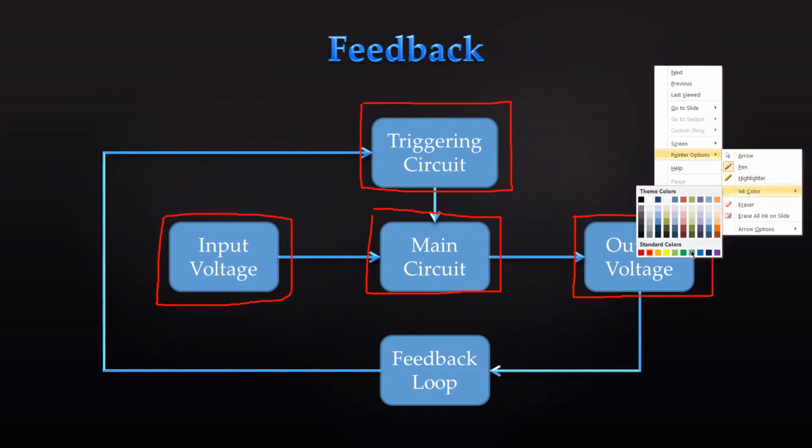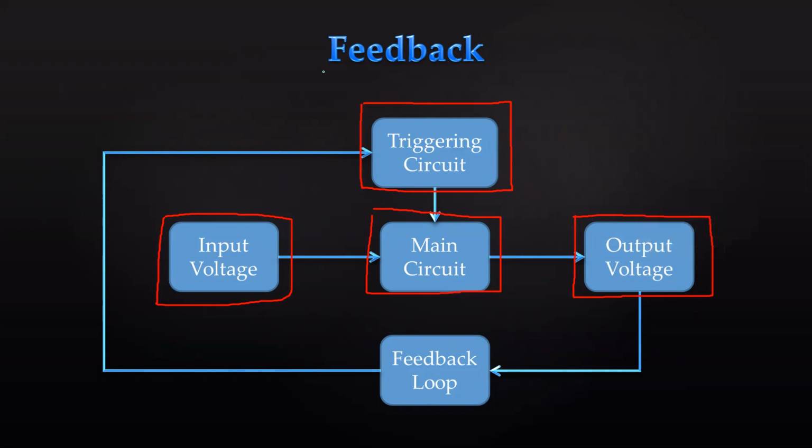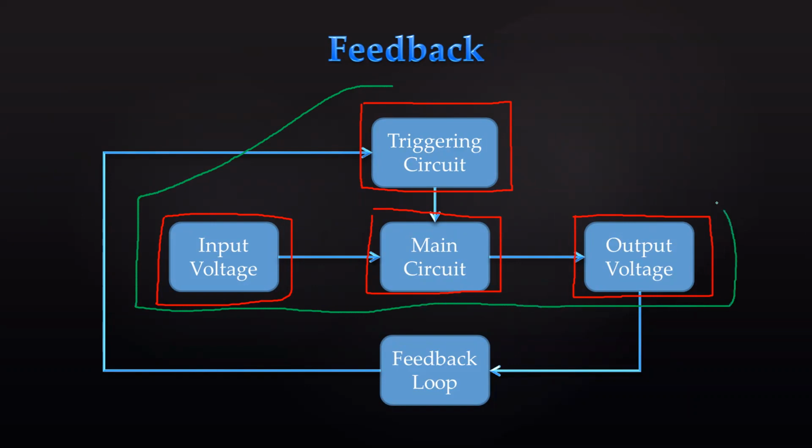Now if we see, these four things will make our open loop buck converter. We have already seen how to design an open loop buck converter in our earlier videos. Today we will design one extra thing that is known as a feedback loop, right?